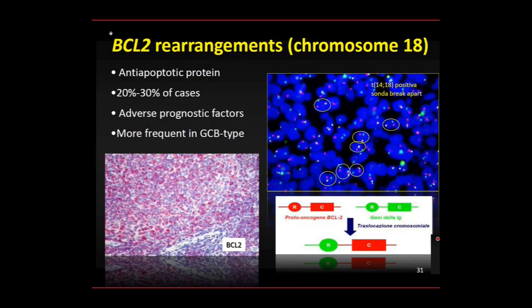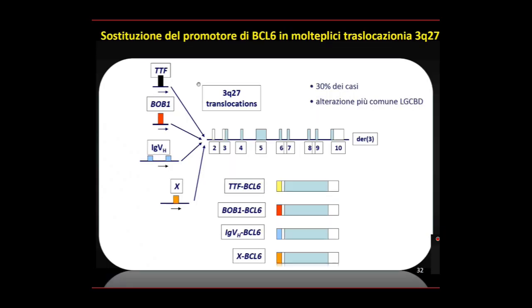But you can have BCL2 also expression, and we will see BCL2 expression is definitely common in ABC diffuse large B-cell lymphoma. So when you find BCL2, it can be due to translocation in germinal center B-cell lymphoma or other mechanisms, microRNA, whatever mechanism, in ABC mostly.